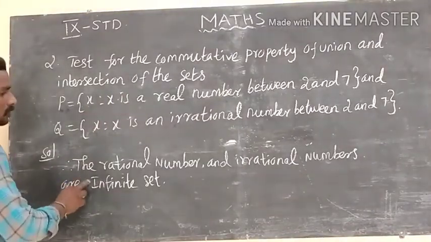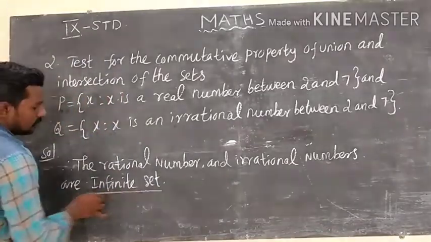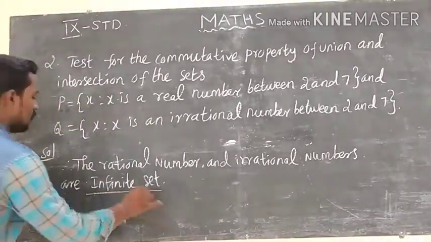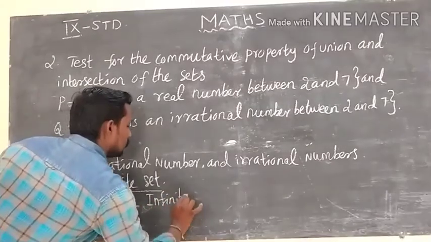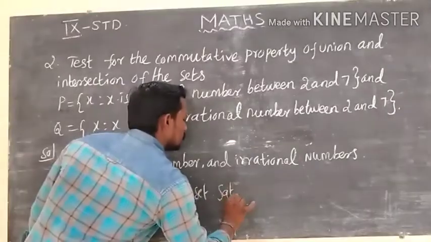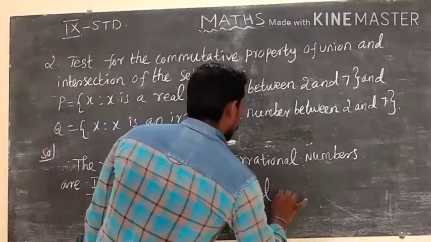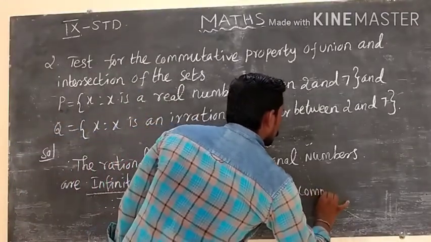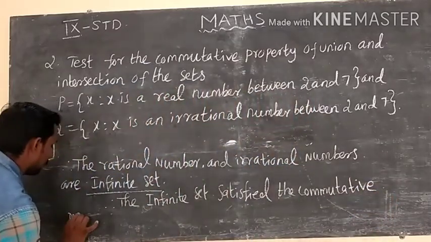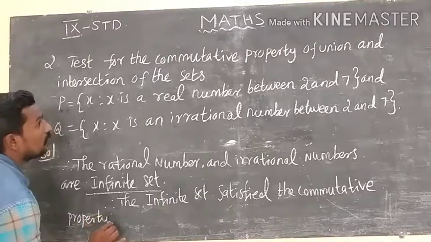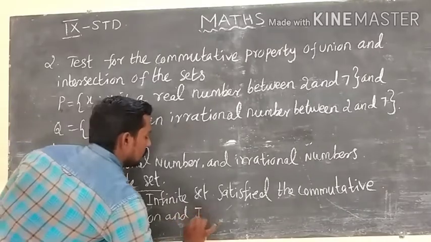This is the result: every infinite set satisfies the commutative property of union and intersection.